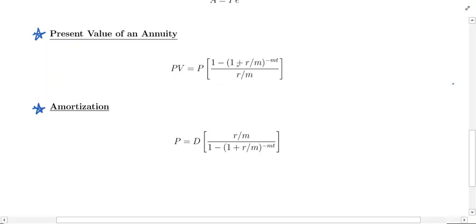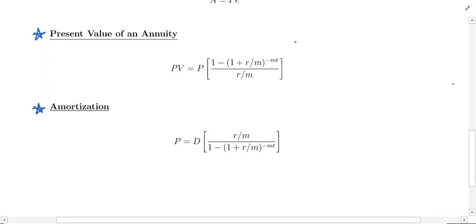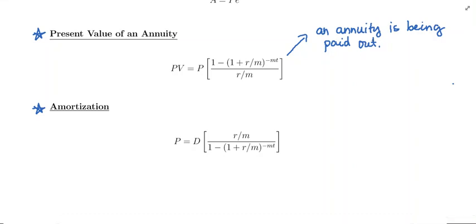All right, so here's the formula. The big thing with this formula, or how to identify when to use it, is that basically an annuity is being paid out. Like I said, we're about to do an example that shows you how an annuity is being paid out.